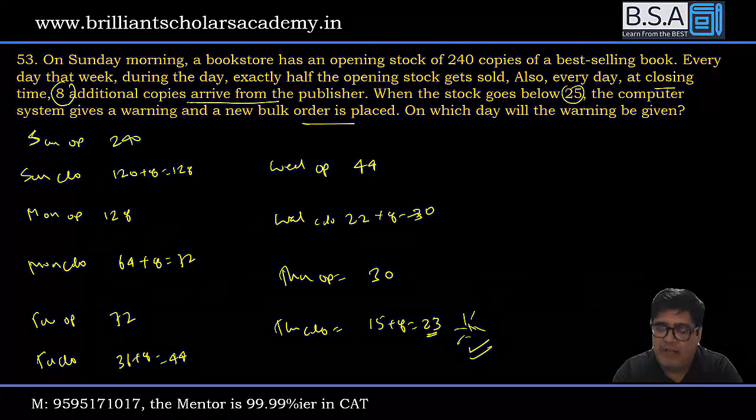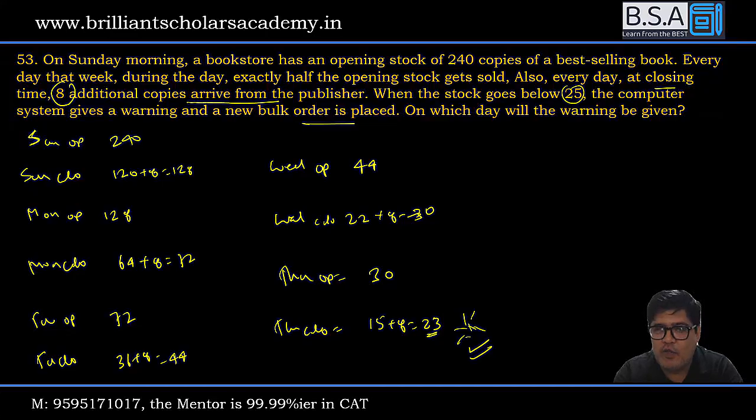So there is ambiguity. You are saying because it goes below 25, the alarm should go off immediately. So there is ambiguity in the framing of the problem. But again, the point was to teach half plus 8. Move ahead. Let's try more questions.